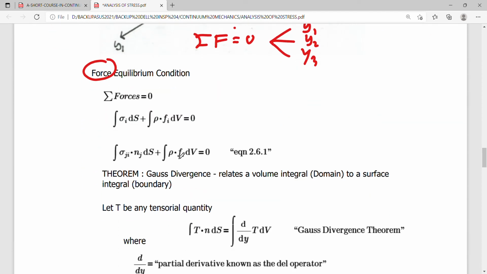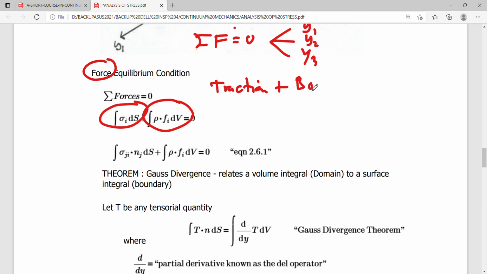We consider now again the traction force plus the body force is equal to 0. So this is a static equilibrium condition.